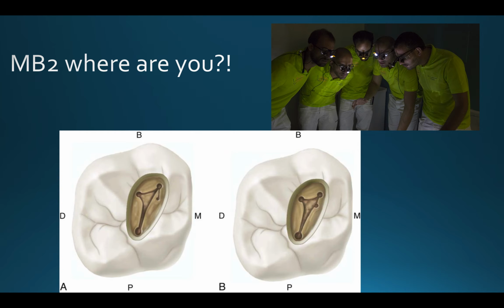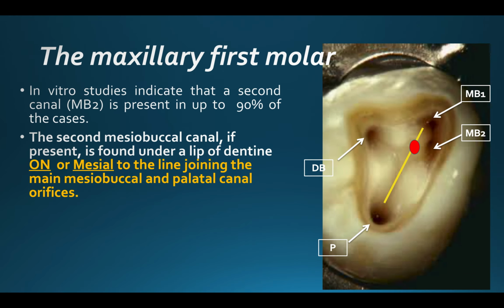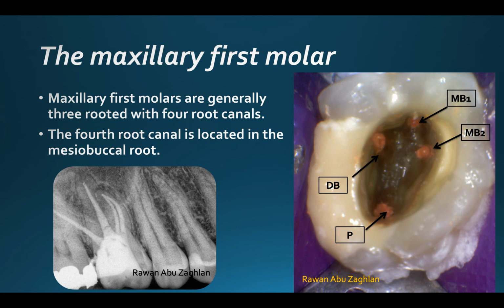The 2 mesiobuccal canals can exit the root in 2 separate foramina, and this is Vertucci type 4.